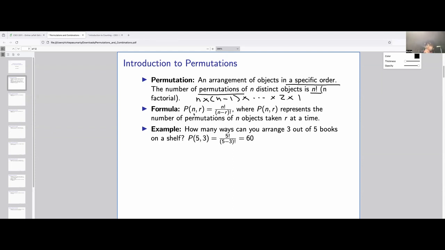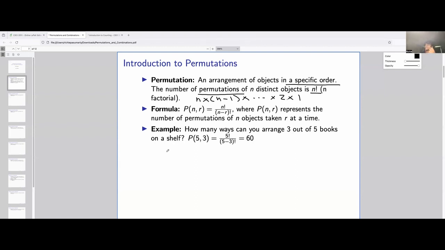Okay, so P of n, r, that's how we say this, is equal to n factorial over n minus r factorial, where P of n, r represents the number of permutations of n objects taken r at a time. For example, how many ways can we arrange 3 out of 5 books on a shelf?